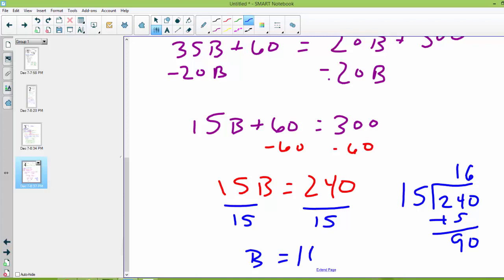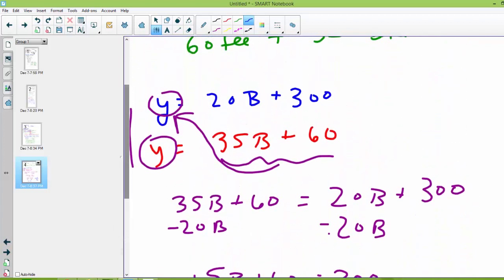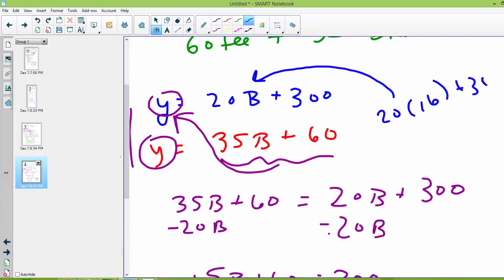So 16 bikes is where they break even, and if you plug 16 in for either of the two initial equations, it will tell you the price. So 16 times 20 plus 300. So that's 320 plus 300, which is 620.